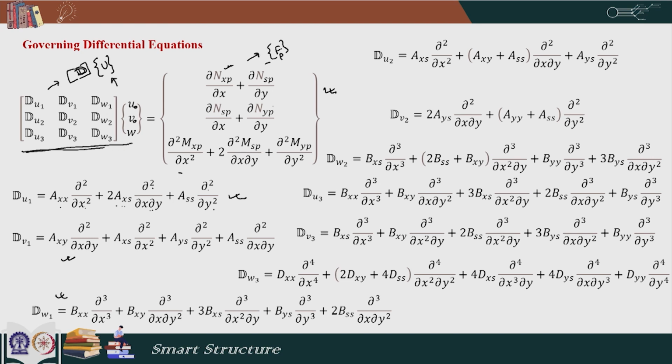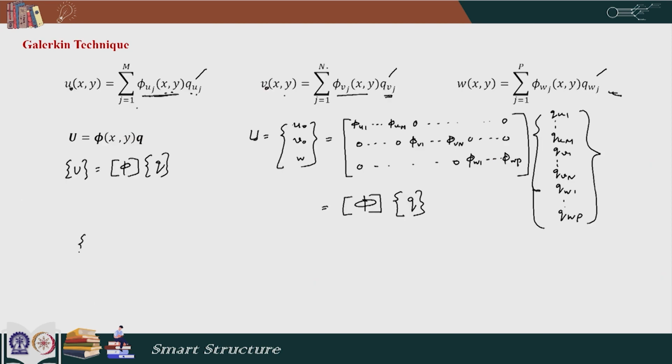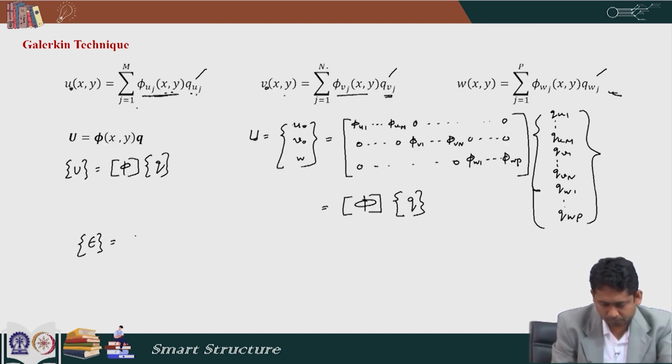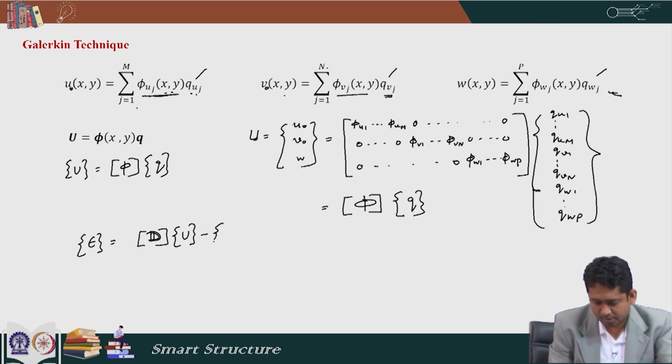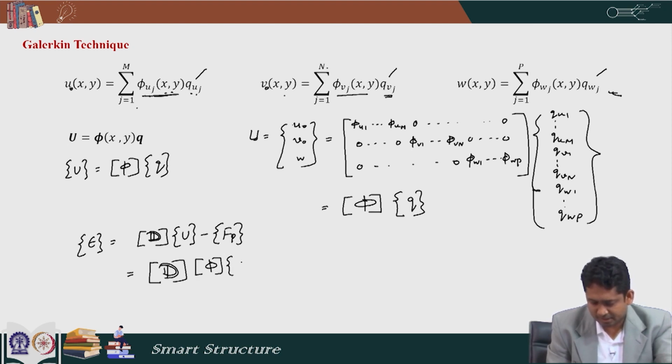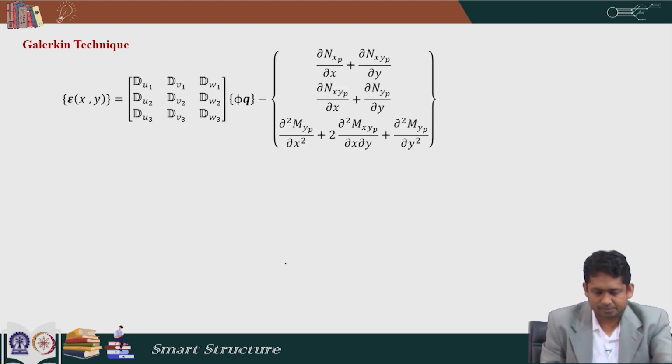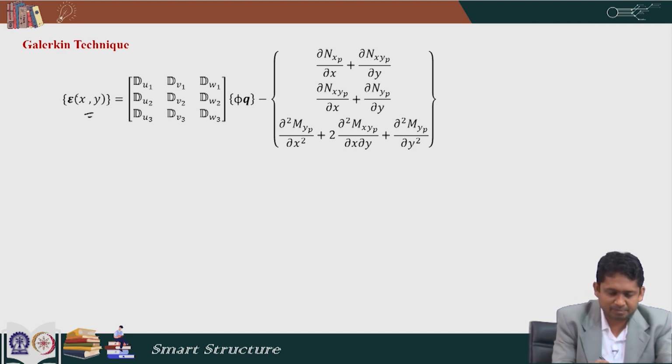So, finally the error function looks like this: the D matrix multiplied by U minus Fp, and this error function is nothing but again D, for U we substitute this phi matrix, then we multiply this Q, minus Fp. So, this is our error.